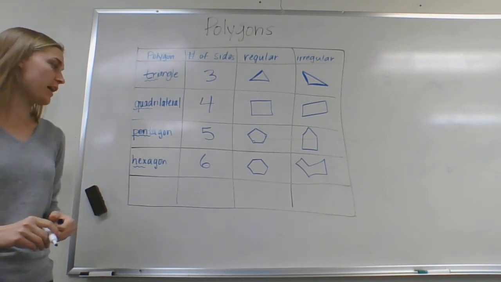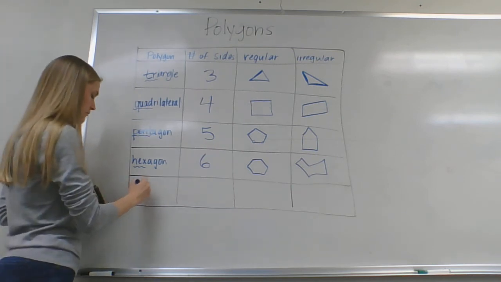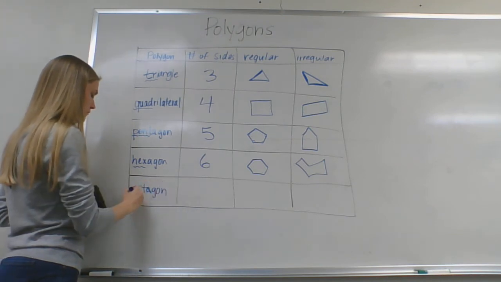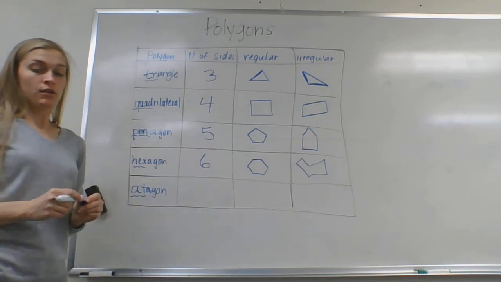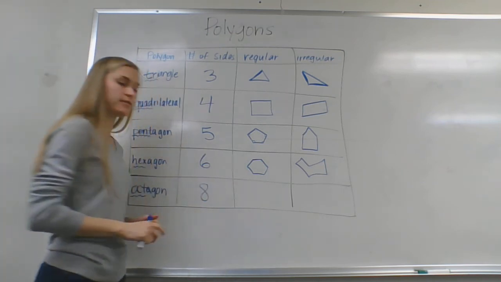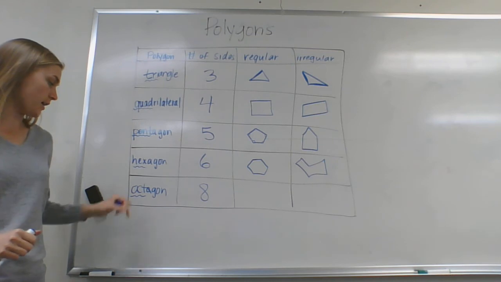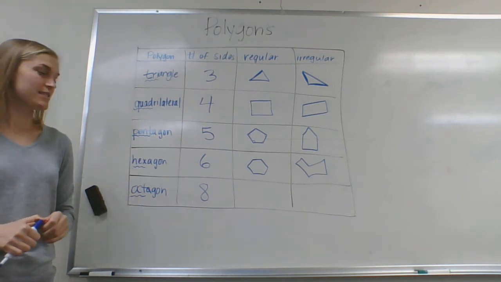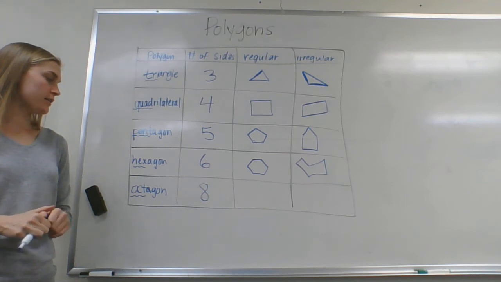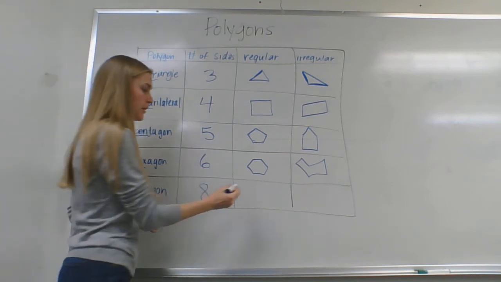All right, finally we're going to do an octagon. So we're going to skip 7. This one has 8 sides. Oct means 8. All right, and then that one would look like a stop sign.